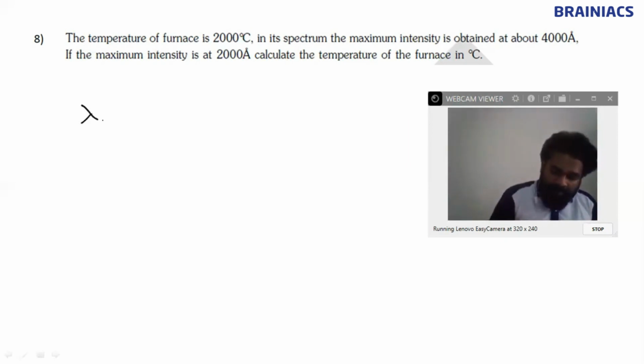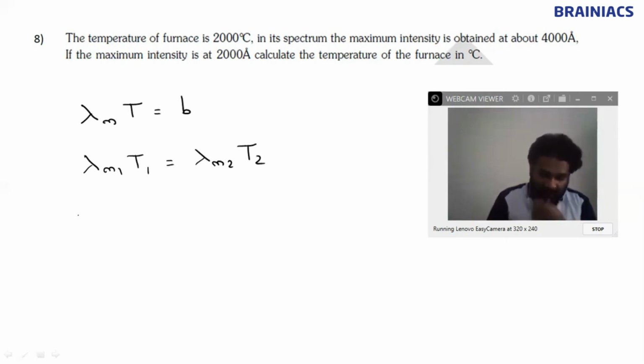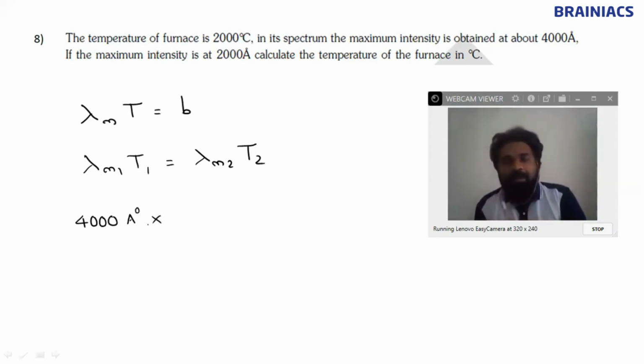So Wien's displacement law, lambda m into T is equal to B. Here two situations are given, so lambda m1 T1 is equal to lambda m2 T2. So here 4000 Angstrom into, Angstrom on the left hand side and right hand side will get cancelled off if we deal with this in SI unit. Temperature we must take in Kelvin, because the temperature conversion can be done by adding 273.